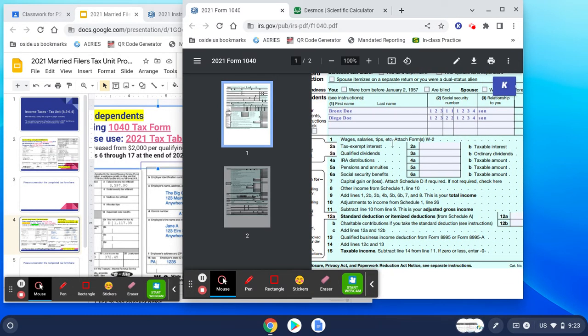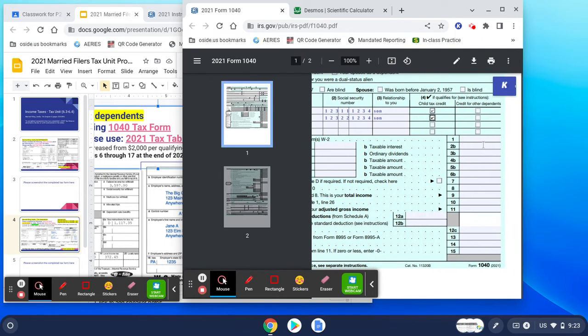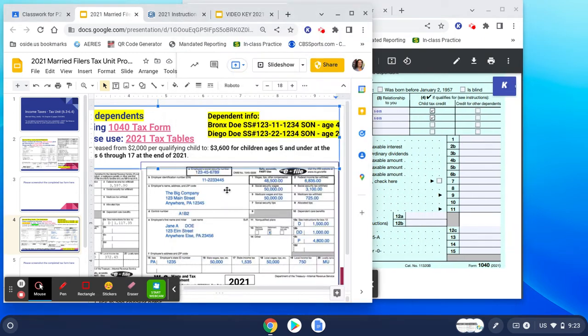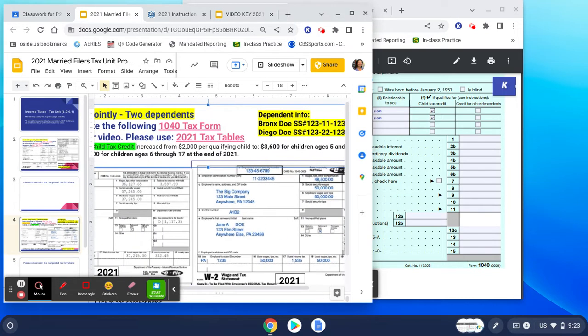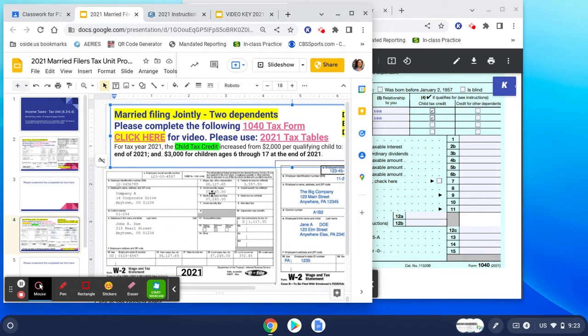All right, wages, salaries, and tips. This is where in box 1, you go get the information from box 1 of both borrowers, of both people. So 48,500 plus 36,127.65.